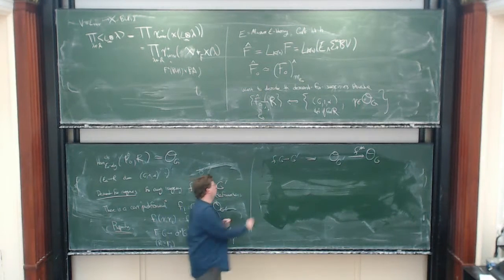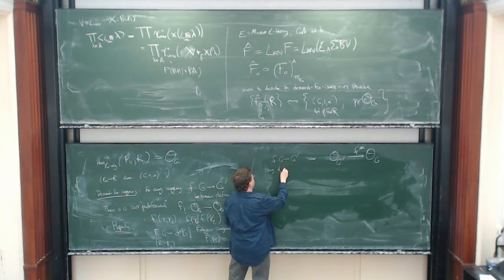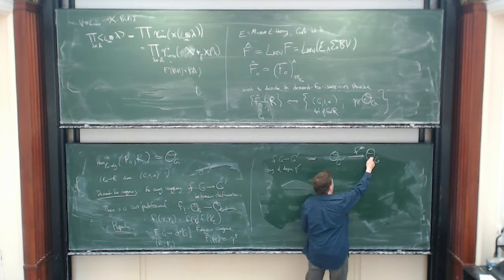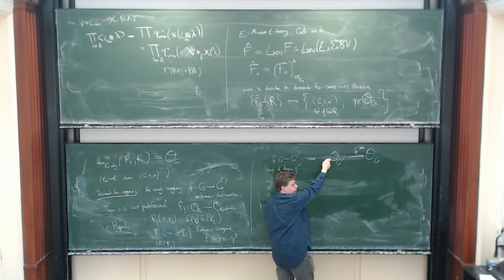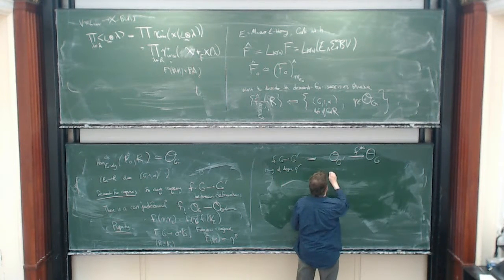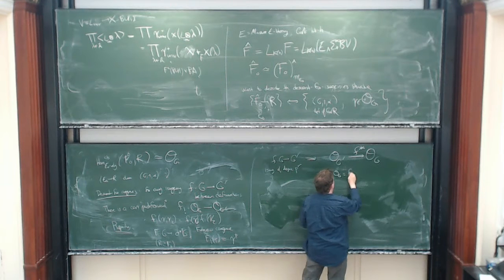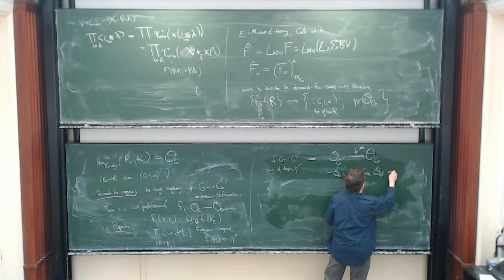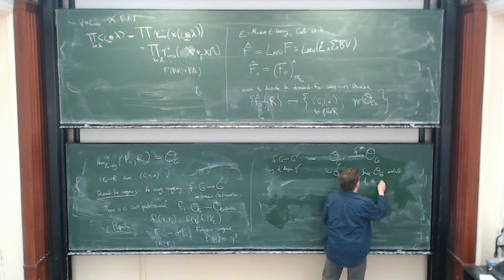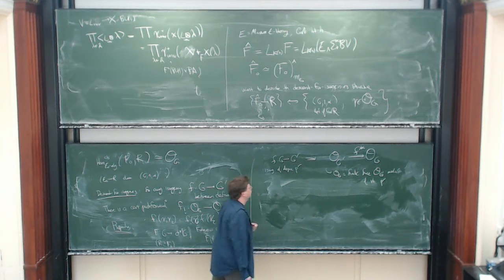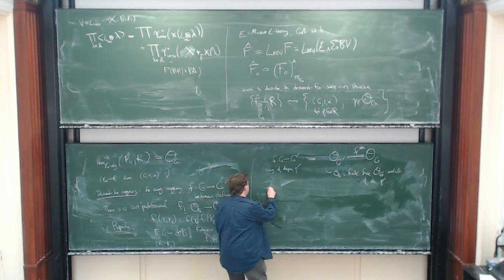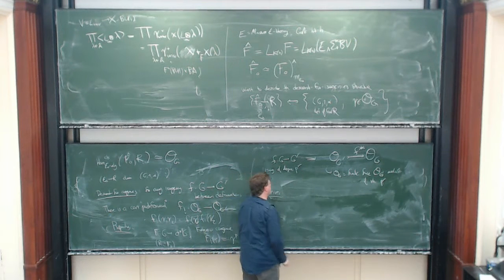Because it's an isogeny, let's say of degree p to the r, this map presents O of G as a finite free OG prime module of rank p to the r. In fact, particularly this is an inclusion. That also happens.